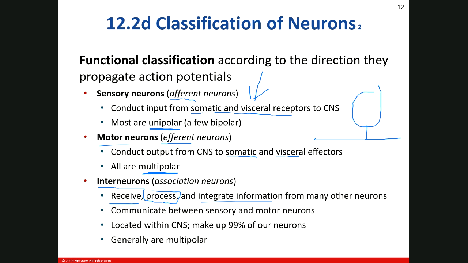They integrate that information and then influence the effect of other neurons somewhere else. Basically, interneurons allow communication between the sensory neurons and the motor neurons. They can either shut down whatever the effect is, or they can activate something.